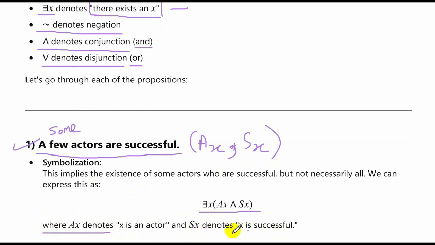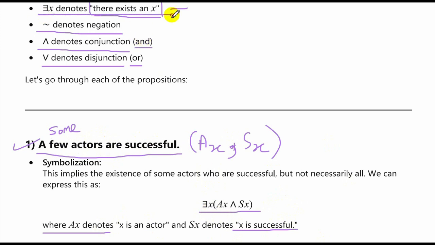We have to write it in the affirmative. Even if it's given in the negative, for example, a few actors are not successful, we first complete this and then go on to the next one of the same thing. So this is how you symbolize it. There exists an x, how do you read this?